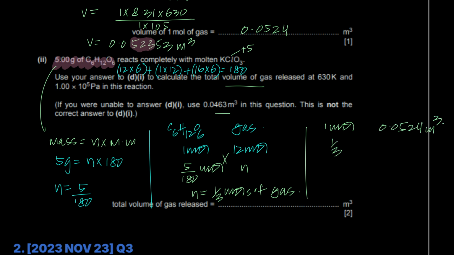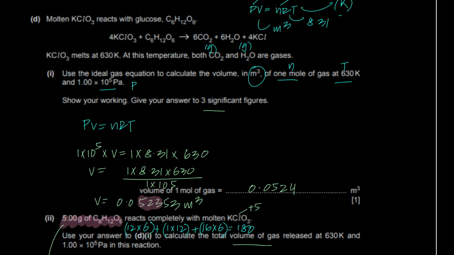So 1 over 3 moles of gas would give you how much volume? X. Or you could have directly multiplied 1 over 3 with 0.0524 if your math is strong. What do you get? 1 over 3 times 0.0524 gives me 0.01746.